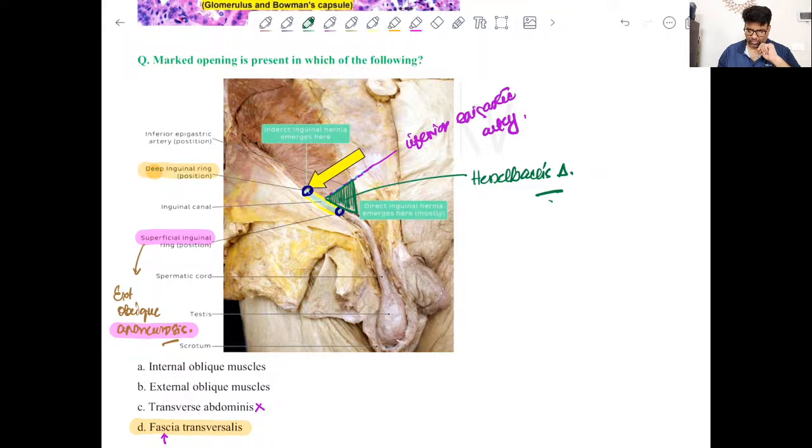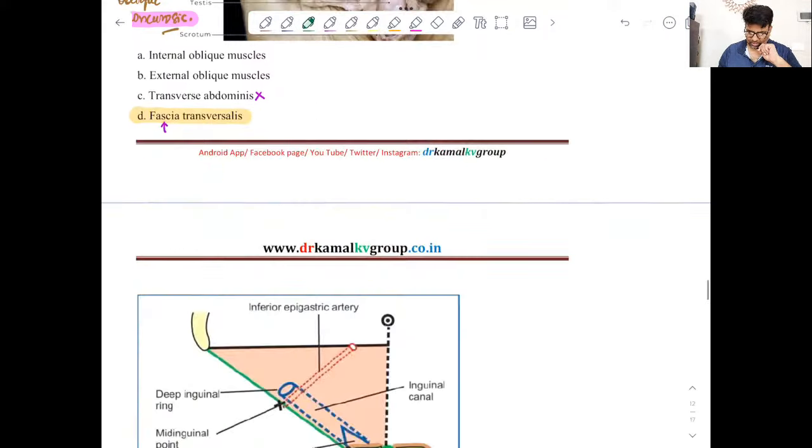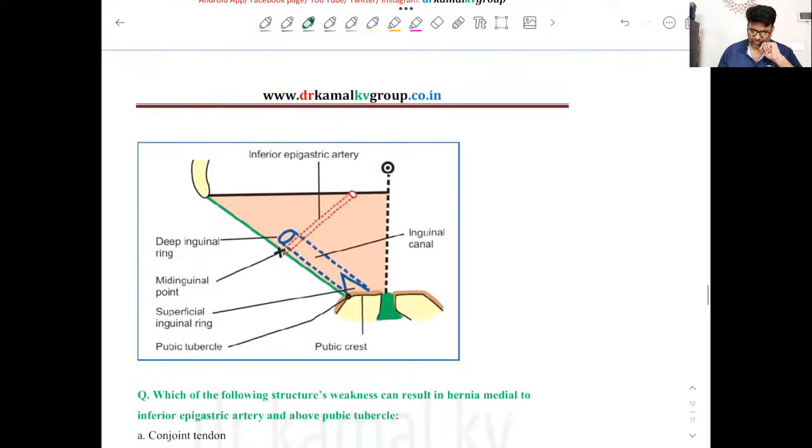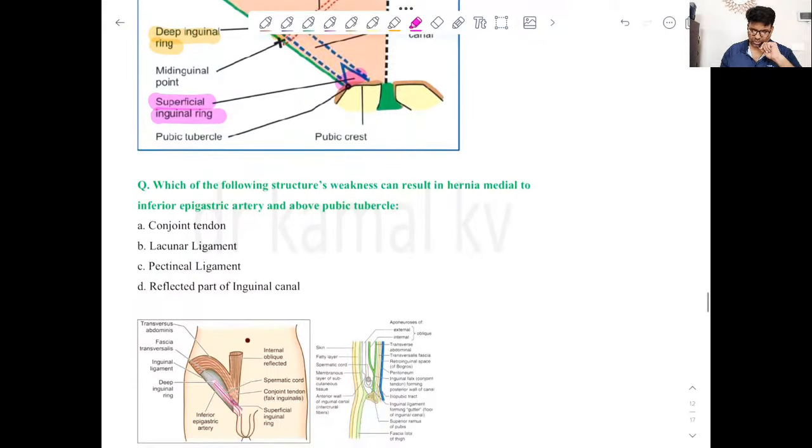Clear? So this is in short for this question. Again, this is the deep inguinal ring, a defect in fascia transversalis, and the superficial inguinal ring, which is a defect in external oblique aponeurosis. Okay, chalo.